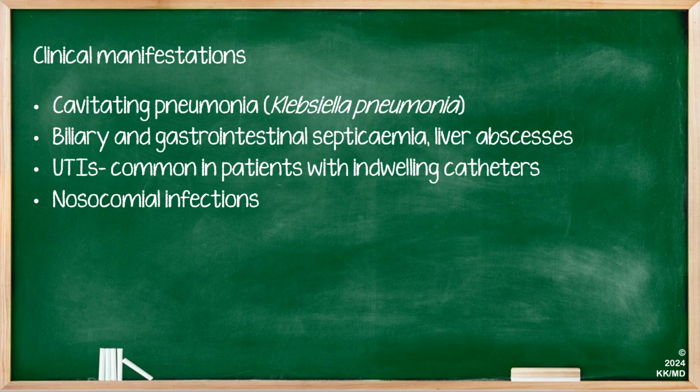It can also affect the biliary and gastrointestinal systems, resulting in septicemia and liver abscesses. It can also sometimes cause urinary tract infections. However, these are really common in those with indwelling catheters, and really uncommon in somebody who doesn't have a catheter. And it can also cause nosocomial infections, as previously discussed.